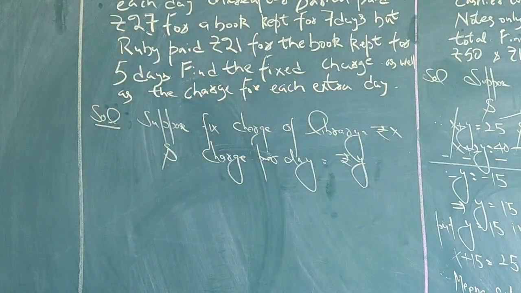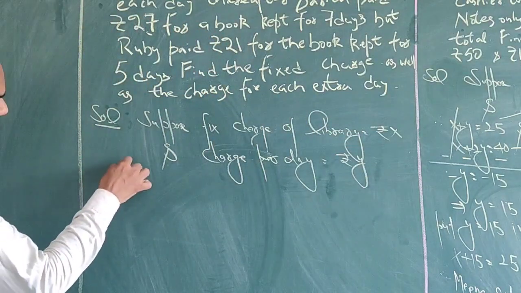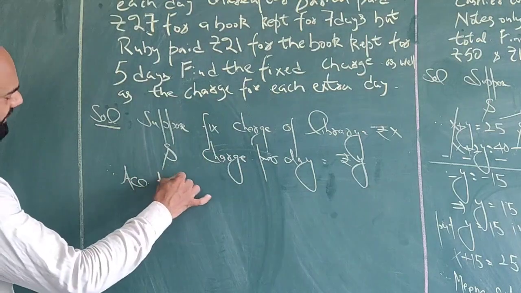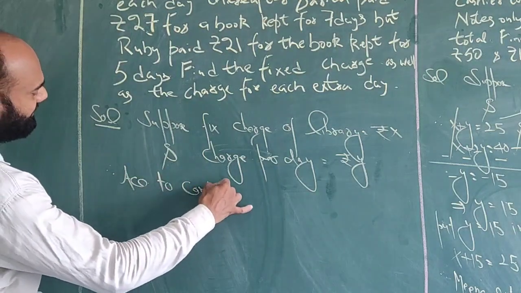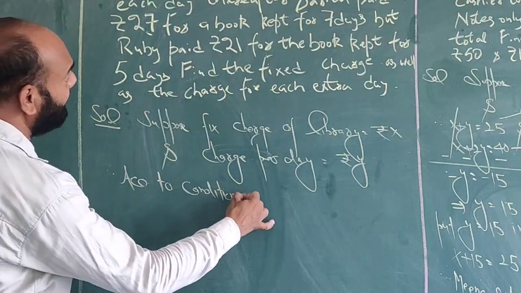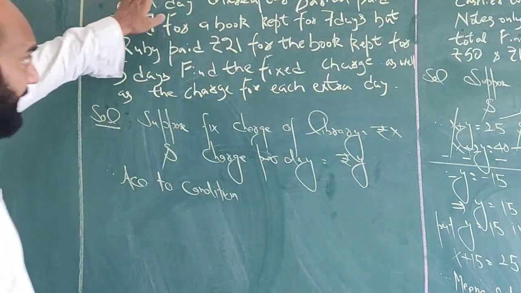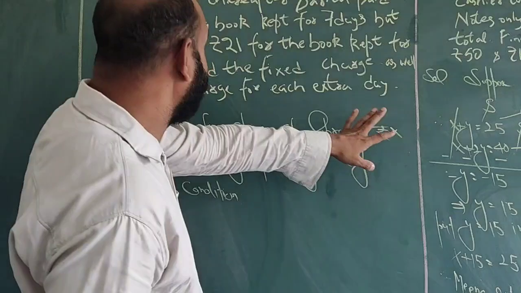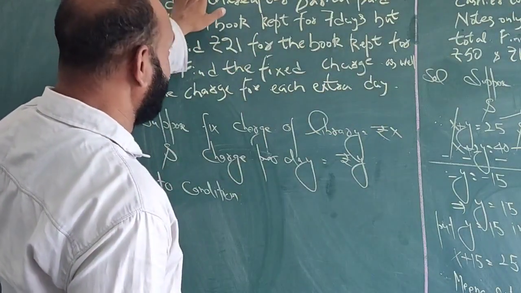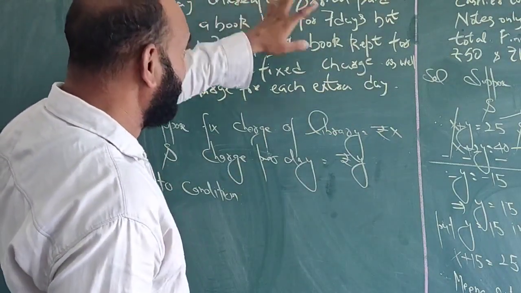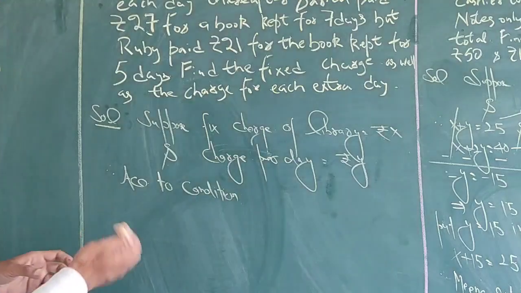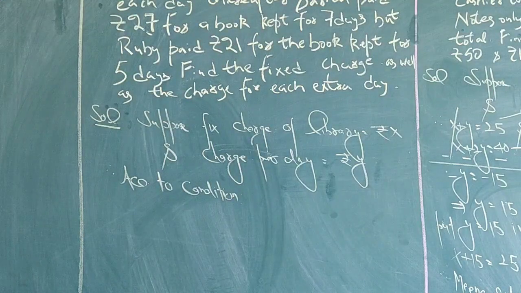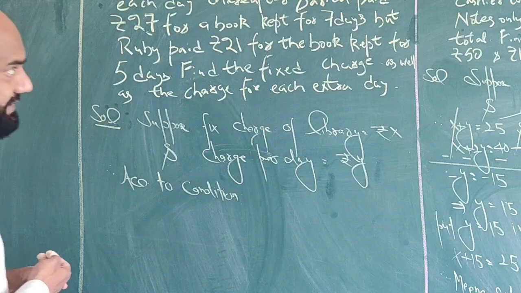Therefore, according to the conditions, the first condition is that a lending library has a fixed charge, and we assume the fixed charge is x, for the first 3 days, and an additional charge for each day. Sarita paid rupees 27 for a book kept for 7 days.